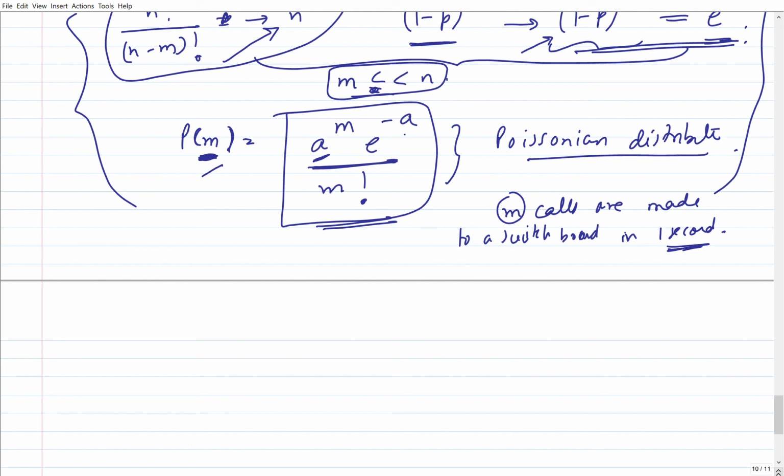If you calculate the expected value of m successes, that's going to come out to be a. That's why I'm calling a the mean. So if I know the average value of a quantity, how does that quantity occur out of independent events? That would be given by a Poissonian distribution.